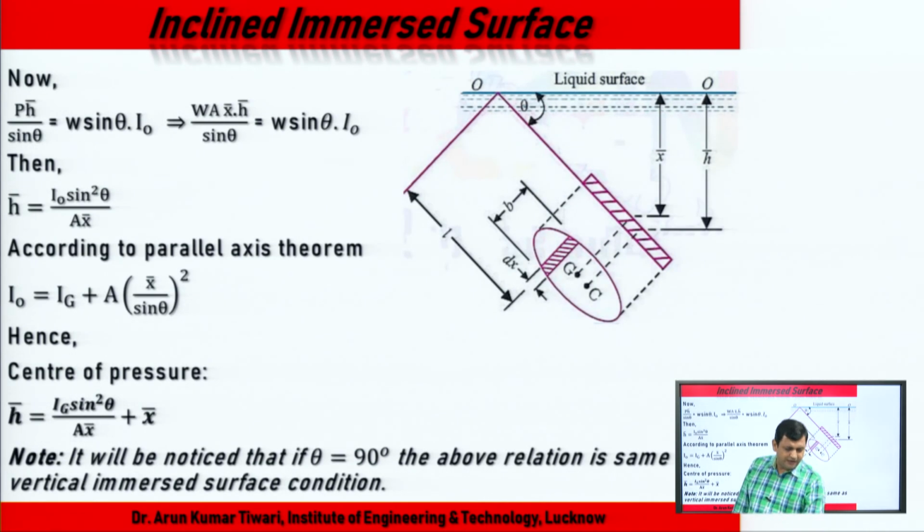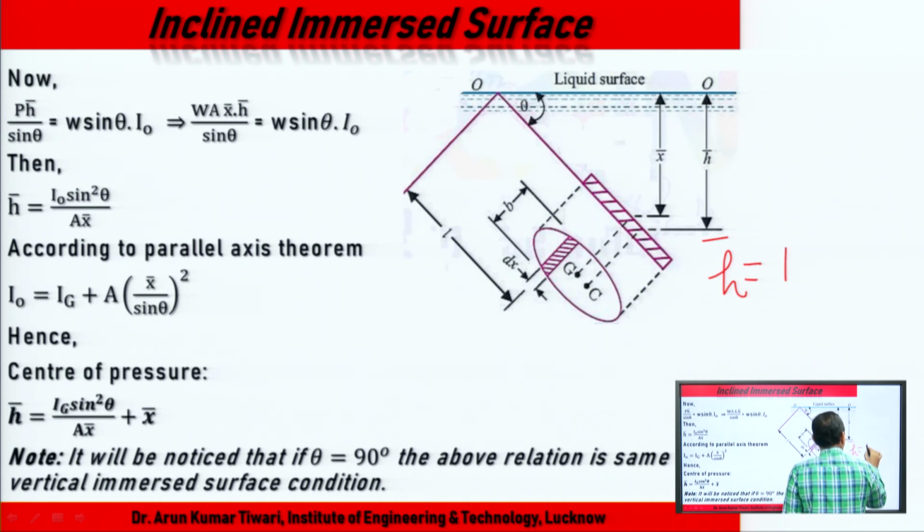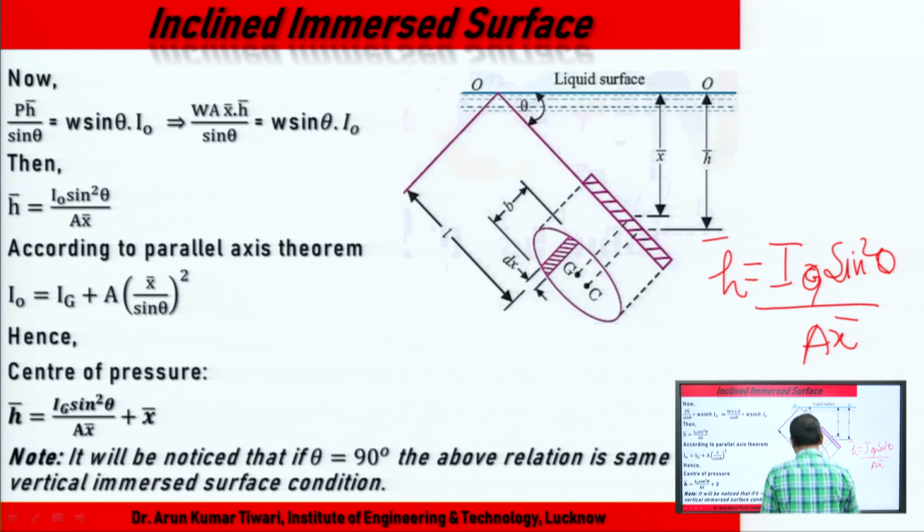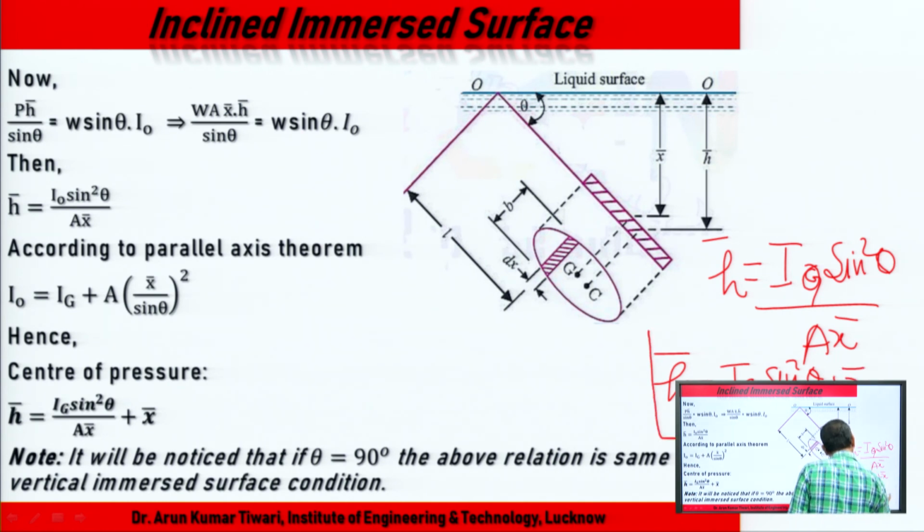We can calculate h bar using the parallel axis theorem: Ig sin squared theta upon A x bar plus x bar. The pattern and method are the same in all the cases.